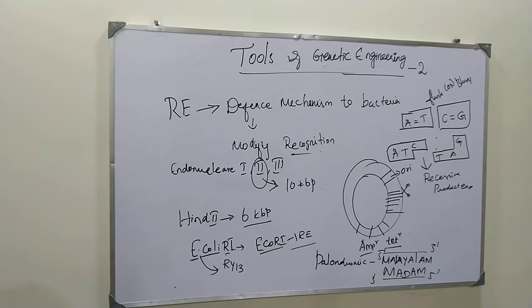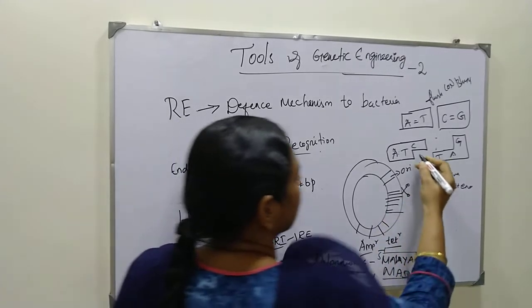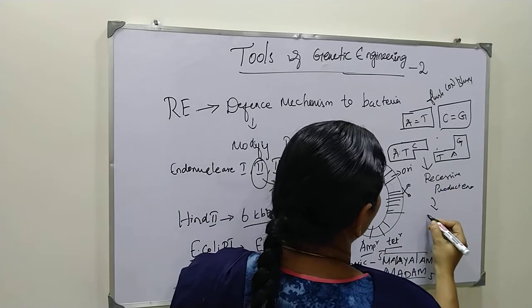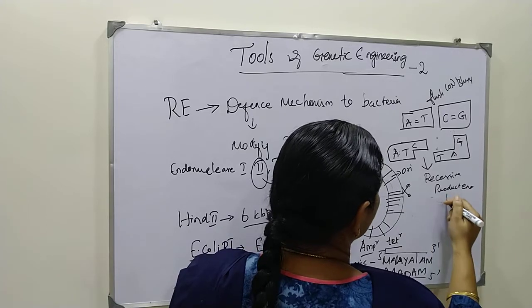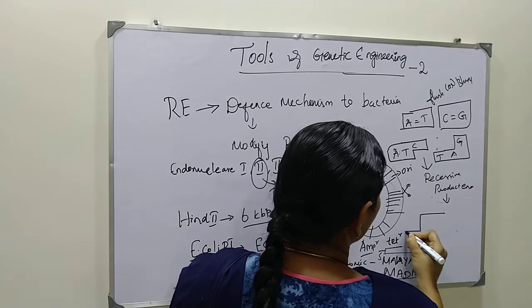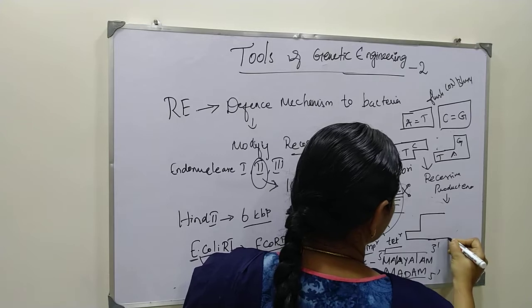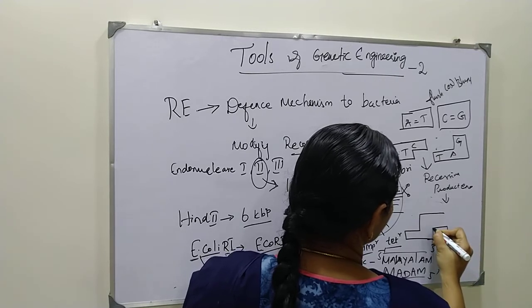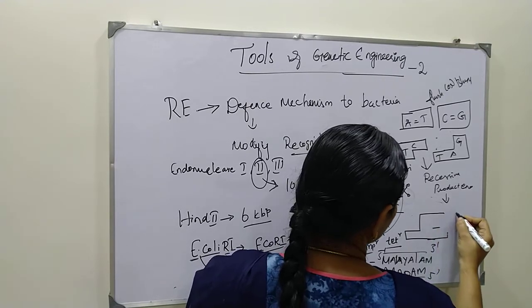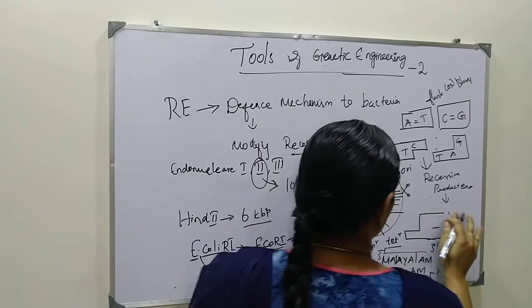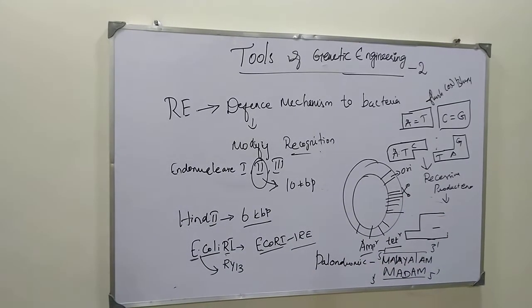But this end is called a sticky end. In the next step, it will stick like this. How will it stick? It will stick like this. We draw it on the separate side.